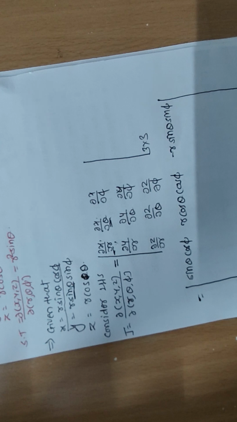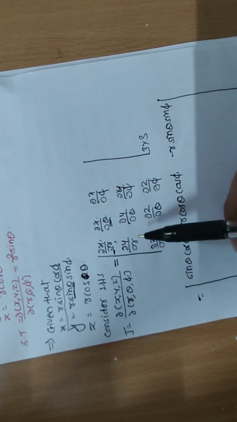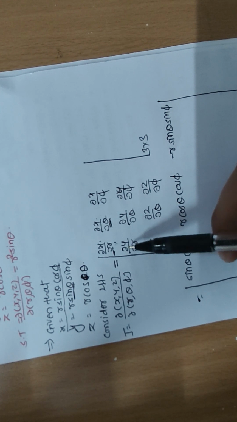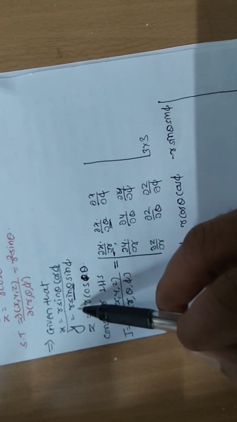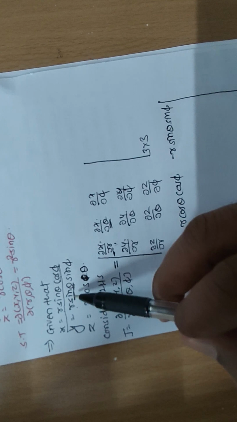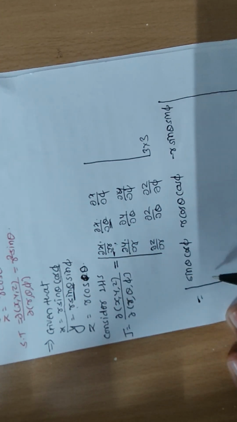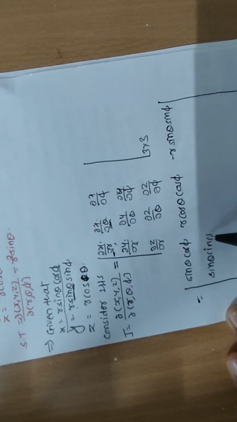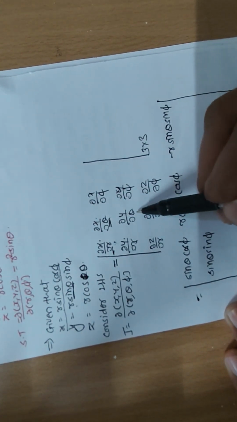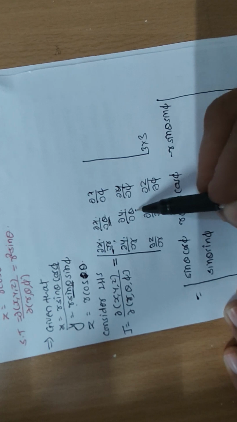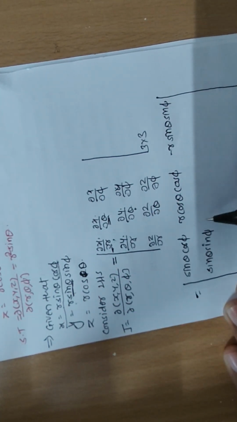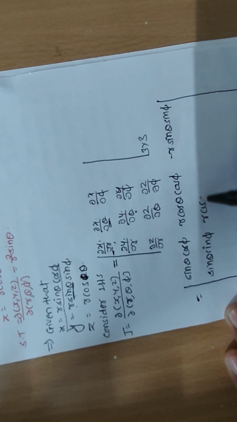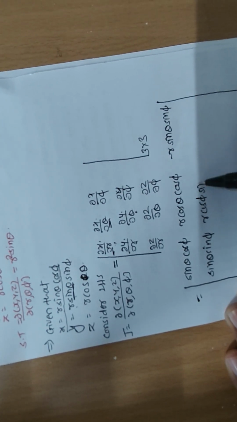Next row, we find del y by del r, the partial differentiation of y with respect to r. The derivative of r is 1 into the remaining two terms as they are, sin theta sin phi. Next, del y by del theta means the partial derivative with respect to theta. The derivative of sin theta is cos theta, so r cos theta sin phi.